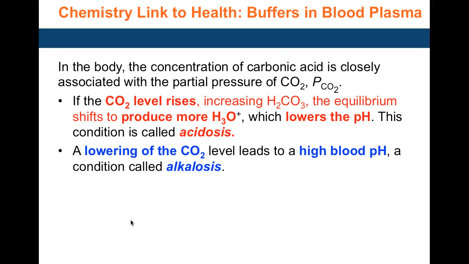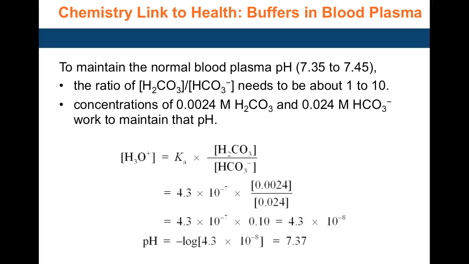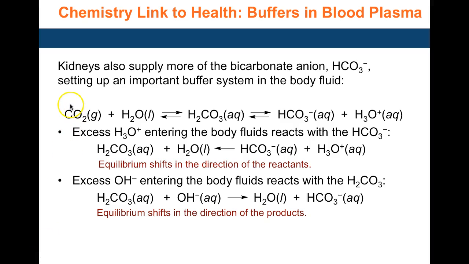So what happens if carbon dioxide level rises? If you go back to that equation, if carbon dioxide goes up, then it's going to push the equilibrium towards the carbonic acid formation. So carbonic acid is going to go up. And if carbonic acid goes up, it's going to push this equilibrium in the direction of H3O plus.